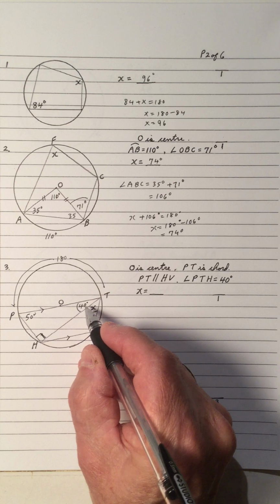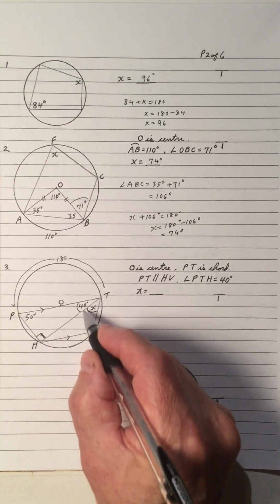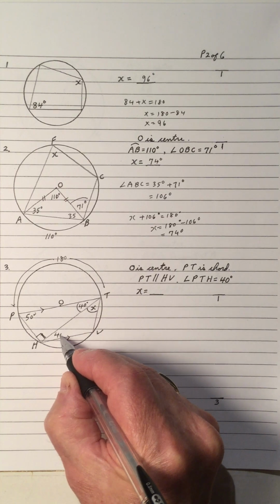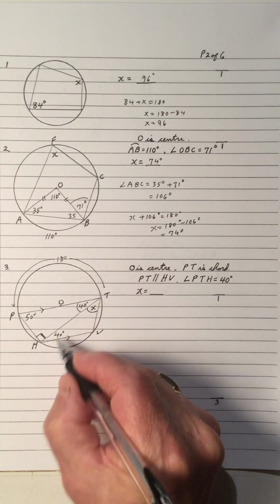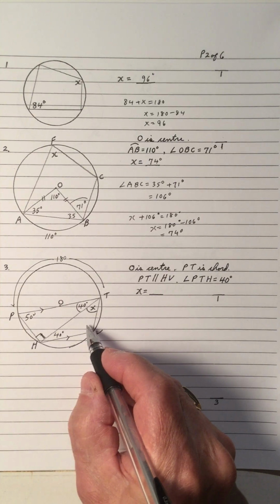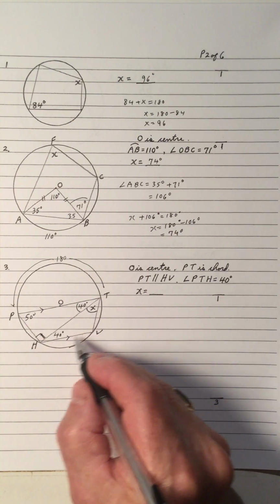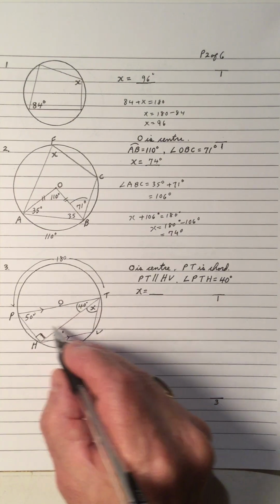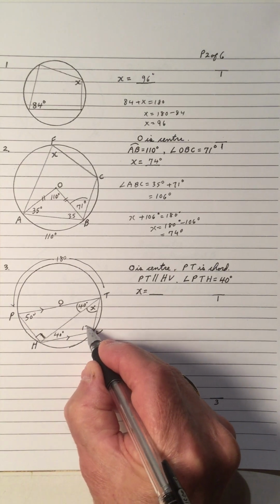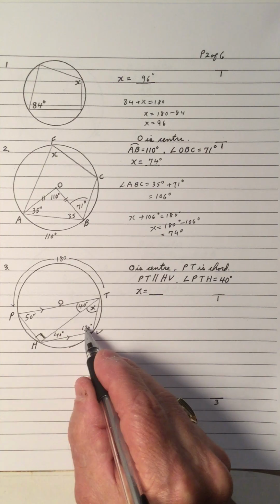Now, this is a 40. That's parallel to that. These are alternate interior angles, so this angle is 40. And these opposite angles are supplementary. PTVH is a cyclic quadrilateral. Opposite angles are supplementary, so this is 130. 50 and 130 is 180.